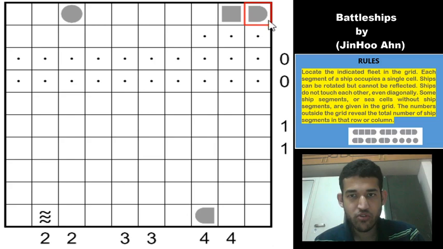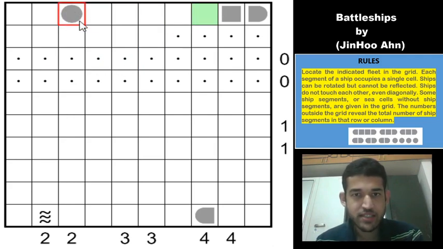This is the only way to close the ship, and you can either have a single segment here and one more segment here, in which case it will be a 4-cell ship, or you can have a 3-cell ship here and then blacken out both these cells. So we don't know it, but we are sure that this will be a segment. So we'll just highlight that to know that it is a segment for sure. So this is a black cell, and we are not sure yet whether this is a segment or not. So let us continue now.